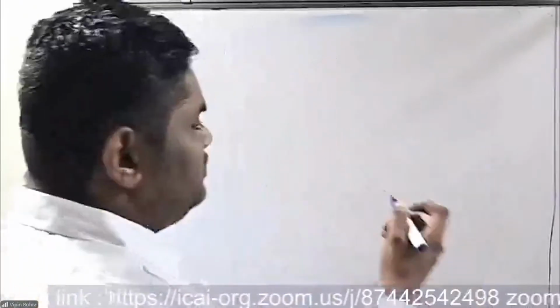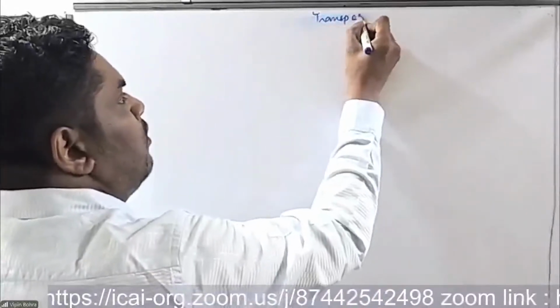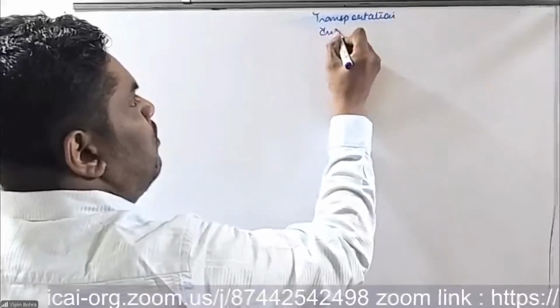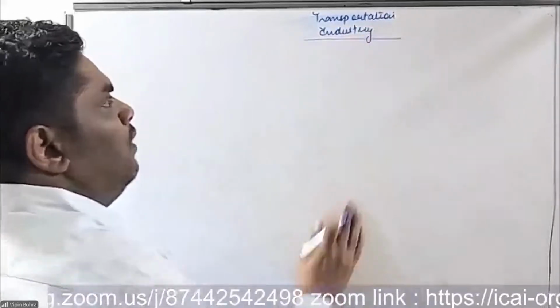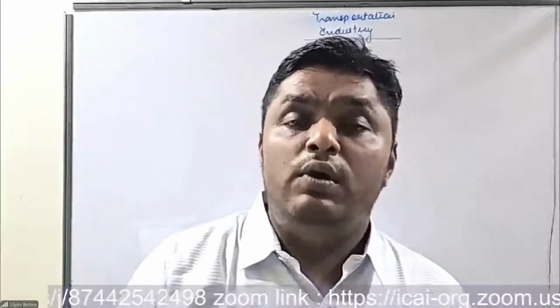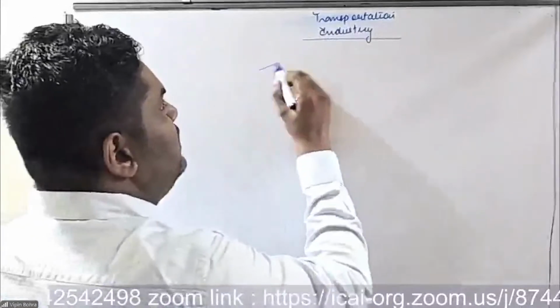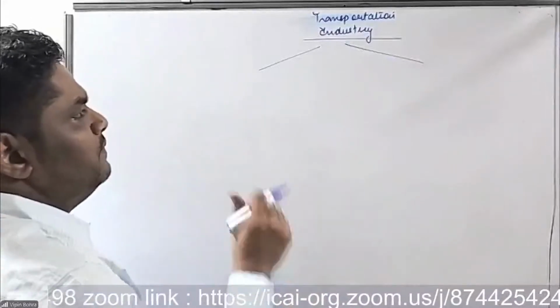Now, when talking about the transportation industry, the composite unit can be calculated using two ways.